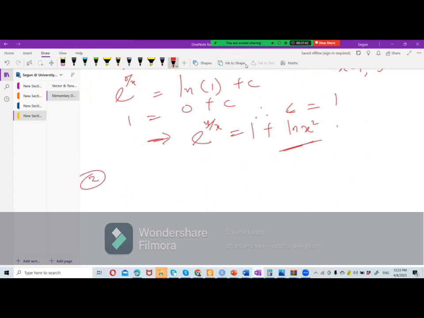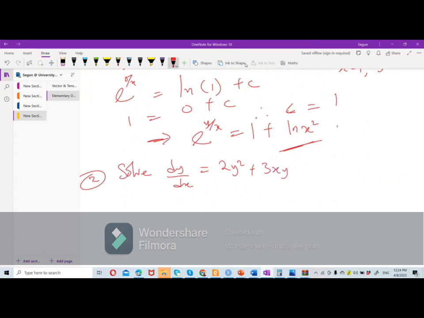Number 2, in this case, we are to solve dy/dx equals 2y squared plus 3xy over x squared. So the solution will be, let's divide both sides by x squared. So dy/dx equals 2y squared over x squared plus 3xy over x squared.